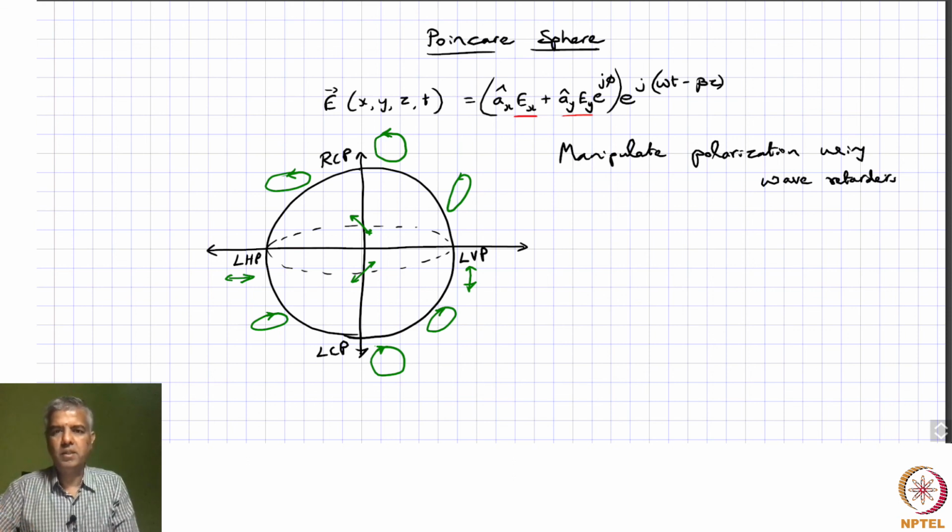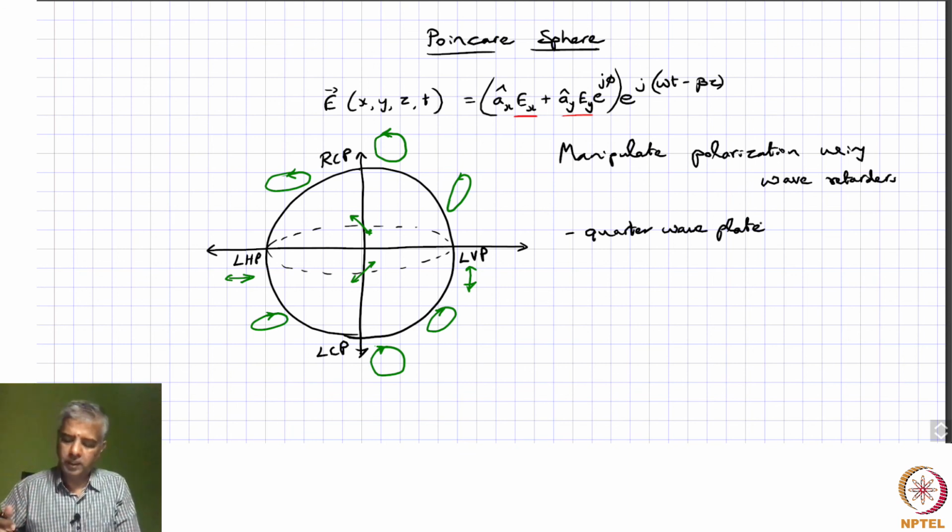So essentially, if you have Ex and Ey like this, and your Ey is flipped, then the polarization is still linear, but it would have flipped vertically. So that would be oriented in this direction. In essence, you are causing a rotation in the polarization.